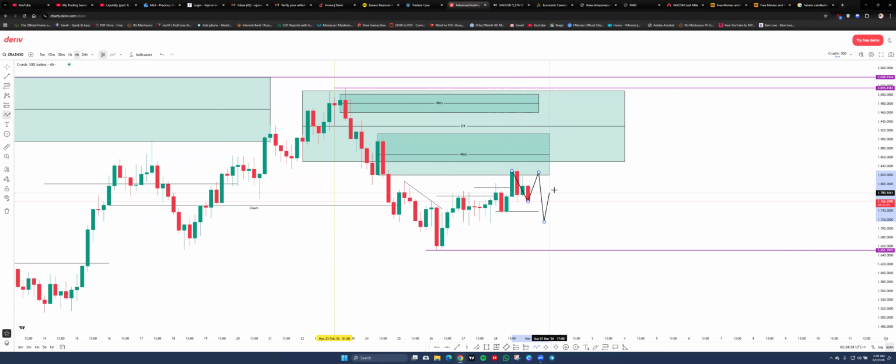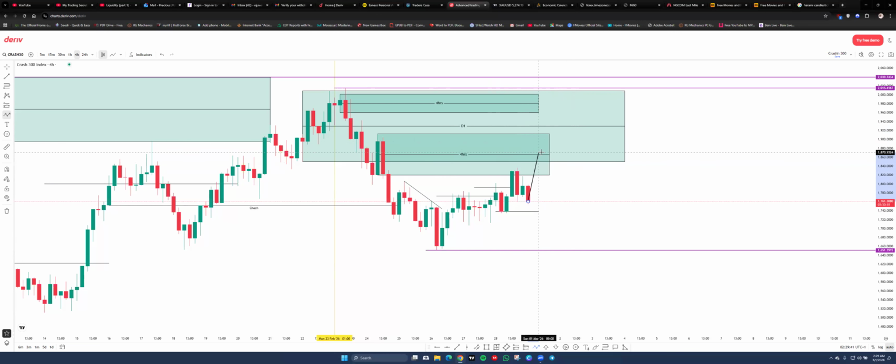But if it doesn't do any of the moves, no entry for now, because this could also mean that the market is trying to instigate traders to sell the market as of now. It may still do something like this, create this as a low because we are in a trending market upward. It could still create this as a low, break this previous high here and enter fully into the daily range, right?